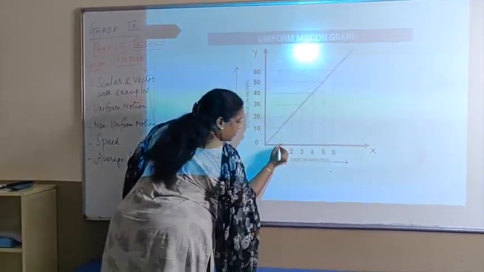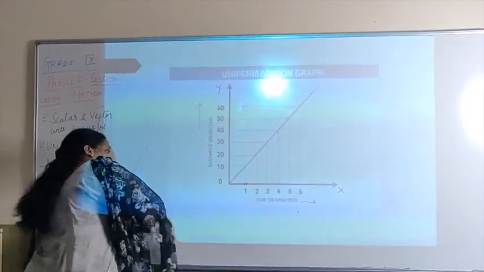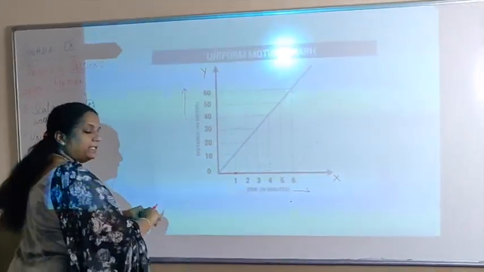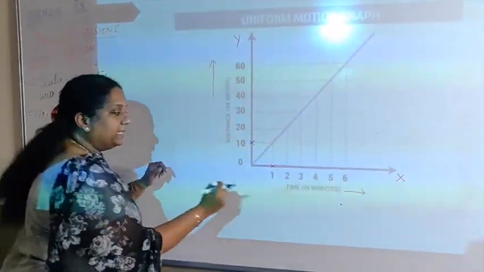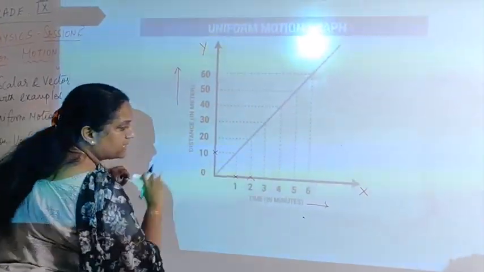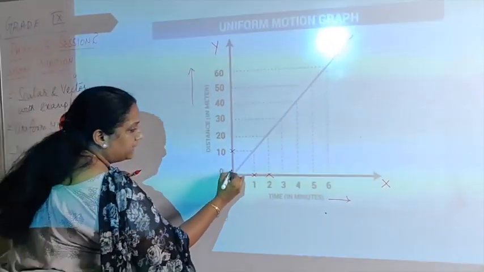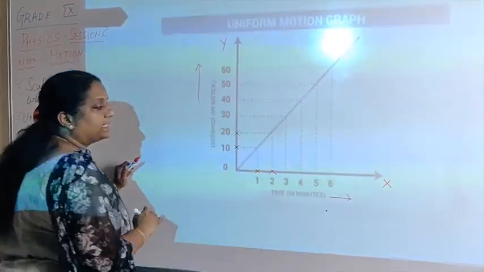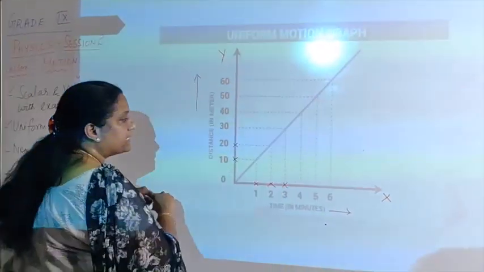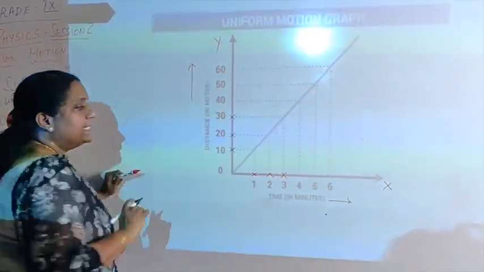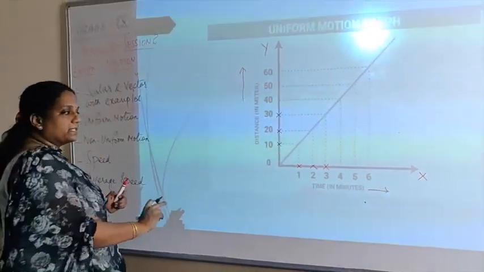When it was 1 minute, how much distance was covered by the vehicle in meters? 10 meters. When the time became 2 minutes, how much distance was covered? Go up, the vehicle had covered 20 meters. Same way, when it became 3 minutes, the vehicle had covered 30 meters.